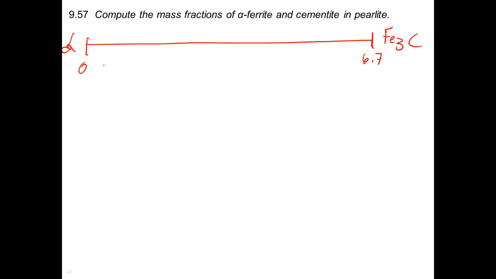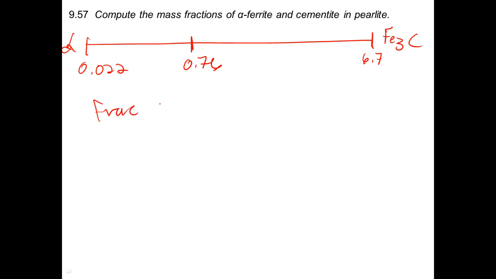So back to the problem, we were asked to calculate the mass fractions of ferrite and cementite in perlite, and we can do that by recognizing that tie line I just mentioned. And since it's a eutectoid steel, we know the system carbon concentration is 0.76.